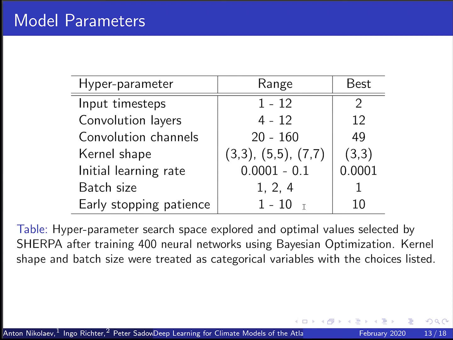So basically, instead of putting all these hyperparameters in for loops or just trying them manually, you create a little dictionary that has the ranges of hyperparameters, and then the main Sherpa algorithm.